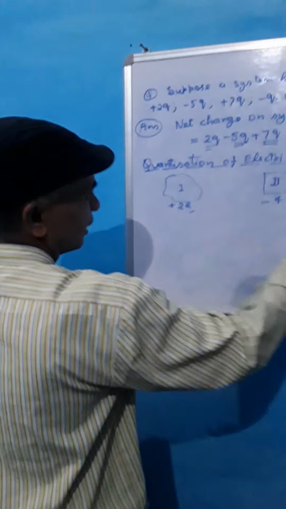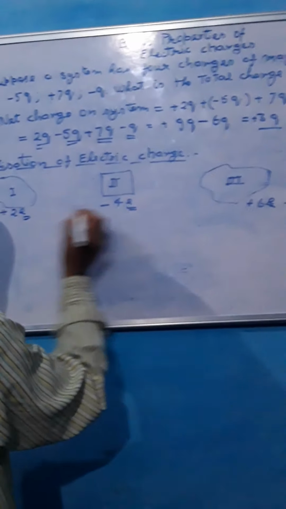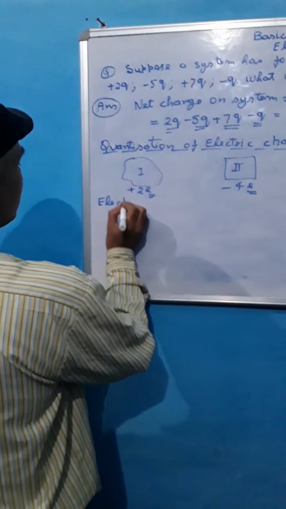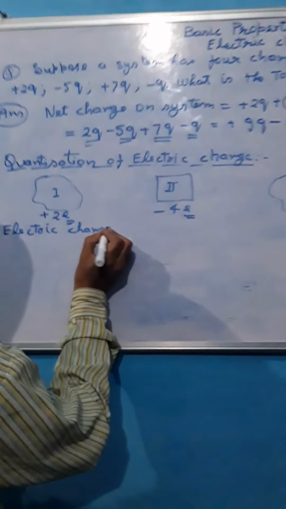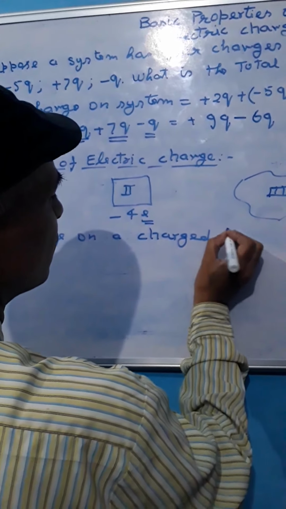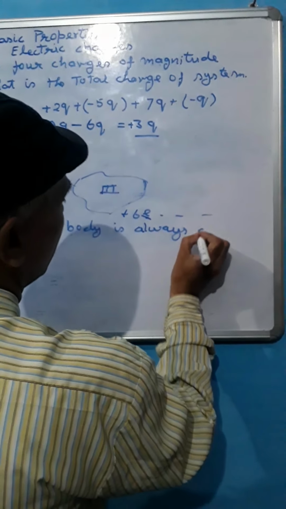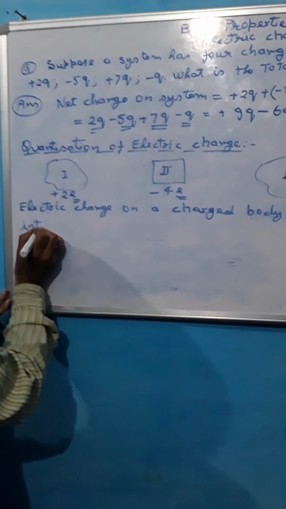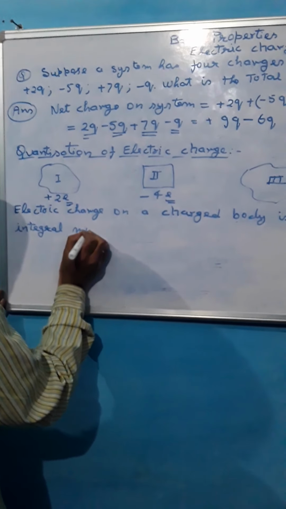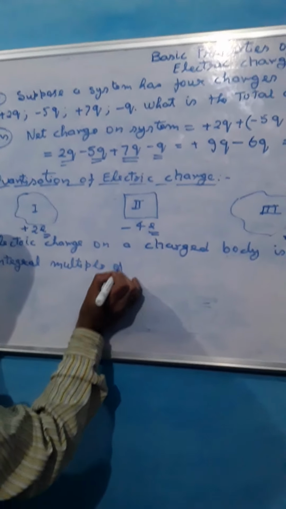So one important thing I have observed here, that the charge on the body is everywhere e multiplied. 2, minus 4, 6, these are integers. The quantization of electric charge states that electric charge on a charged body is always an integral multiple of small e.